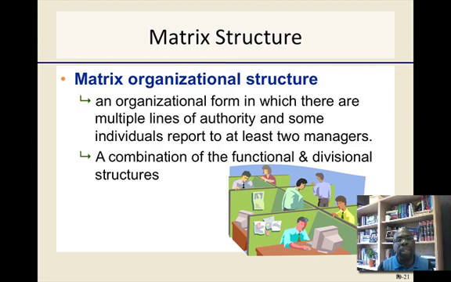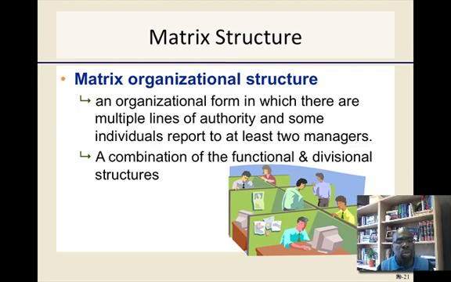An example of a company that has used the matrix organizational structure is a company with a head office in both Holland and Sweden called Asea Brown Boveri, or ABB. And they have managers reporting to at least three bosses, one at the divisional level, one at the functional level, one at the geographic level.